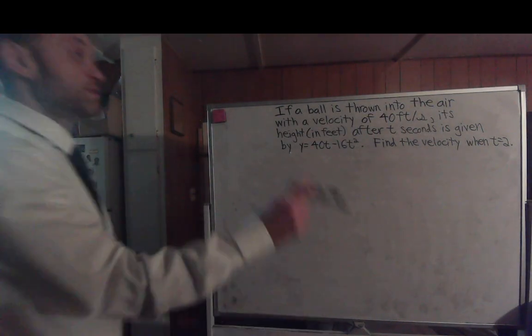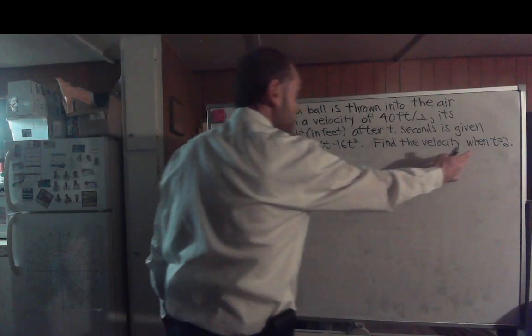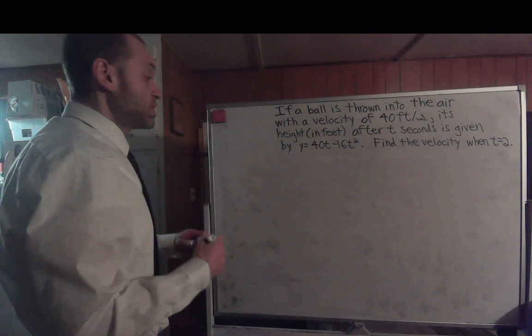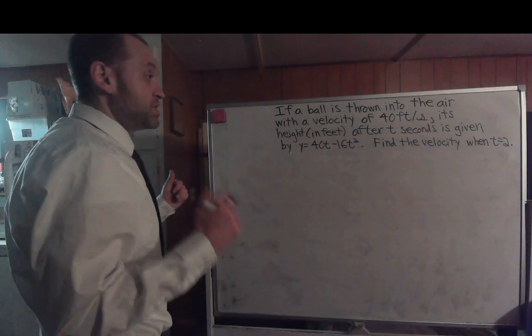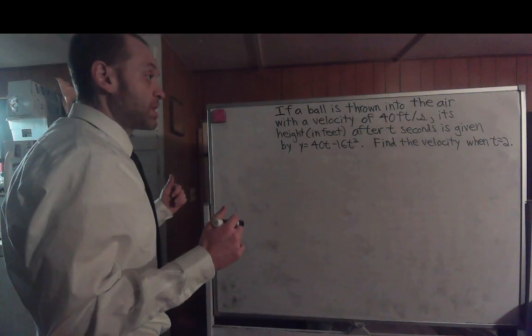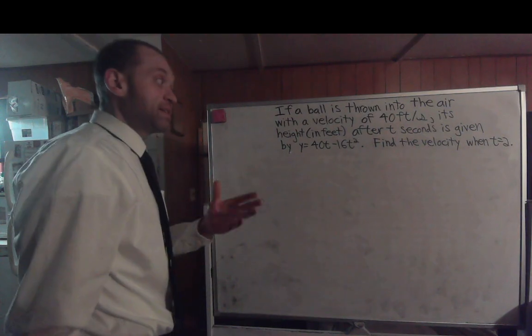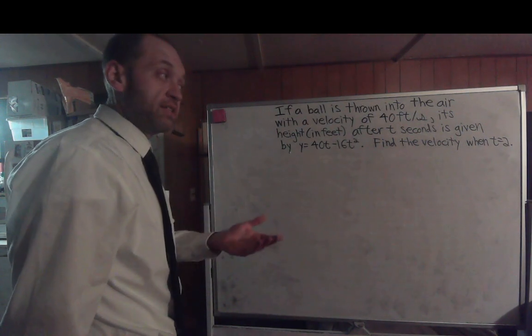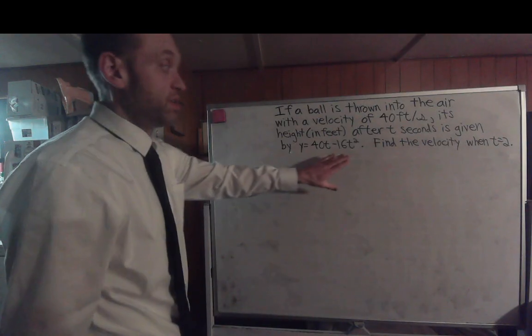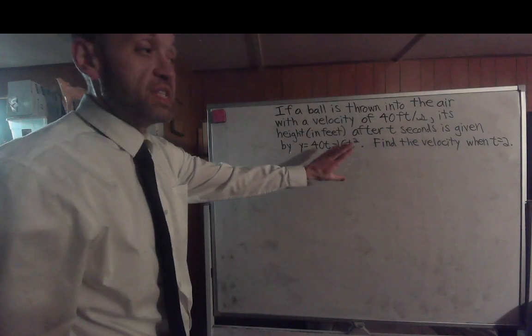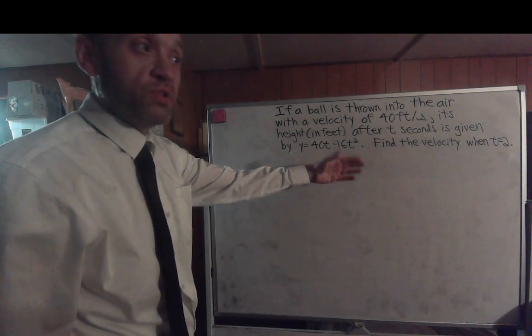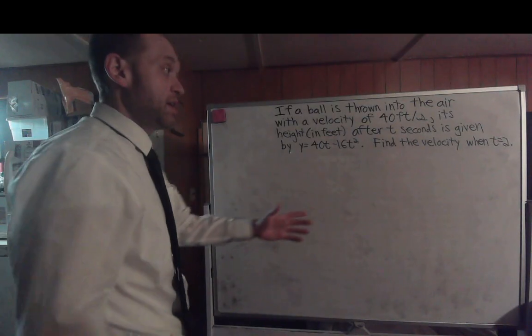They want you to find the velocity at the time t equals 2. They tell you that the time is 2. You want to treat that like your x variable, only we're dealing with t as opposed to x. Same idea. We just use t with these problems because it denotes the change in position over time.